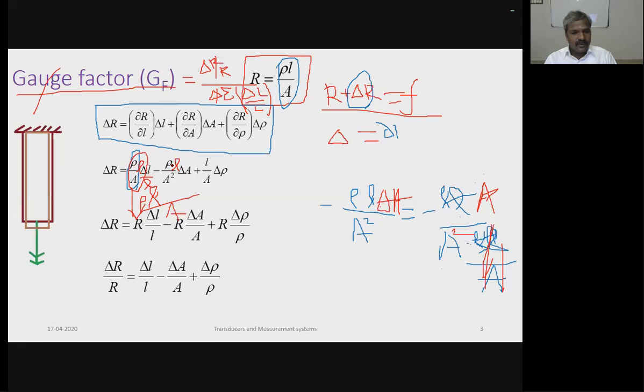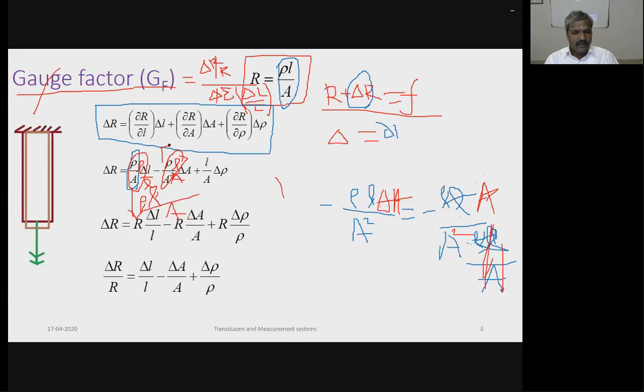So what we have to put, if you want to replace A with R, you separate A square by A into A, then rho L by A becomes R. This is simple, okay?